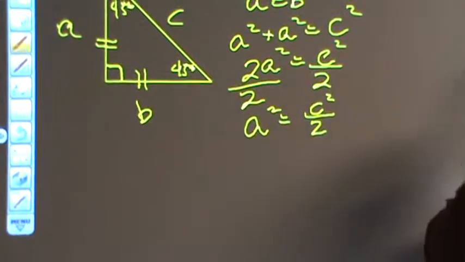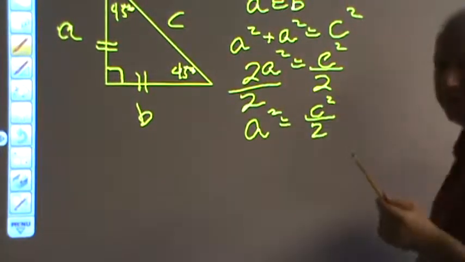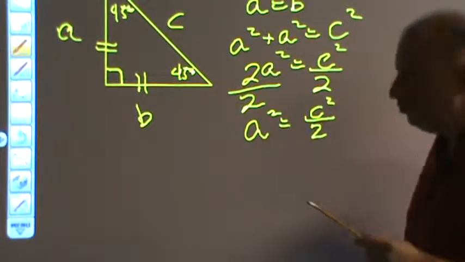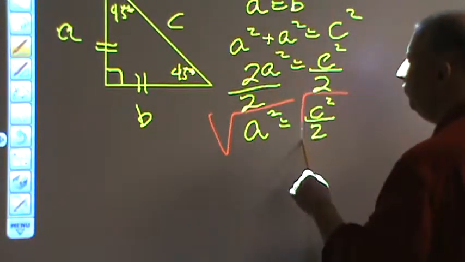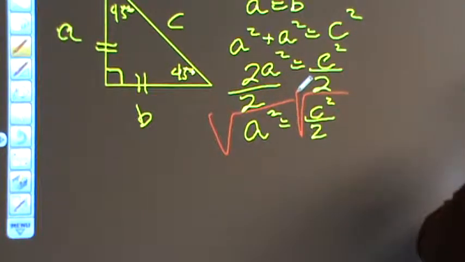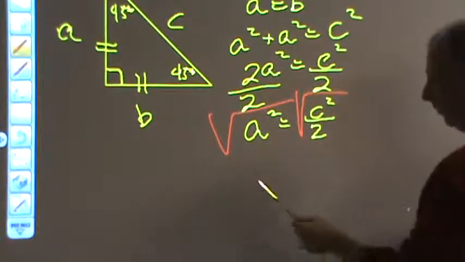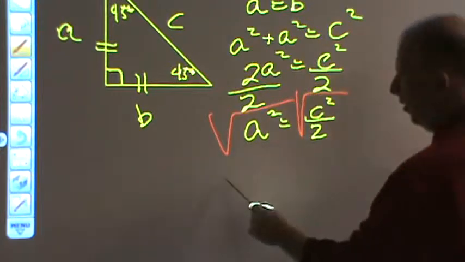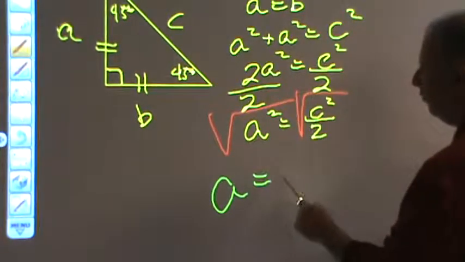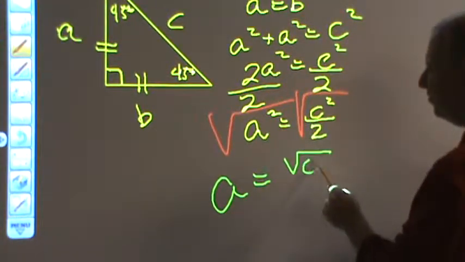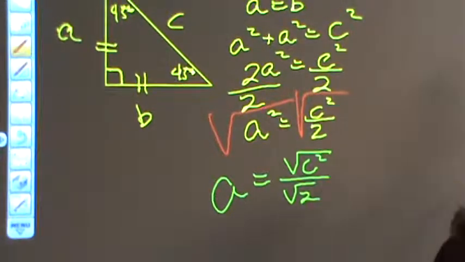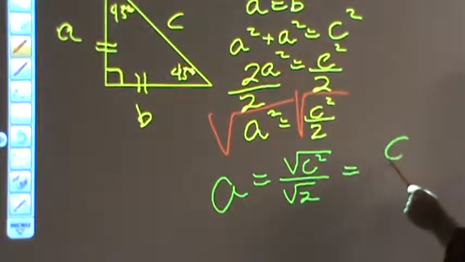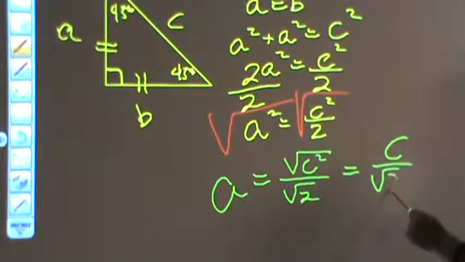Okay? Now, in algebra, whatever you do to one side of the equation, you do to the other. So if I take the square root of this and the square root of this, we have A is equal to square root of C squared over square root of 2, which is equal to C over square root of 2.